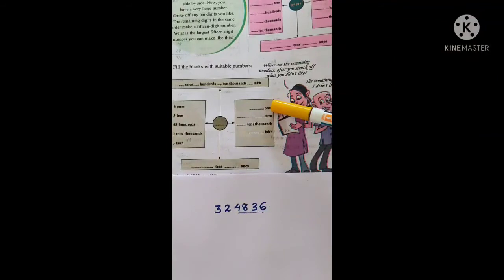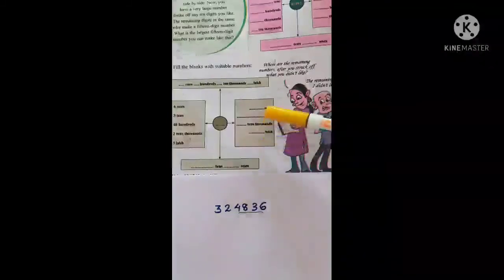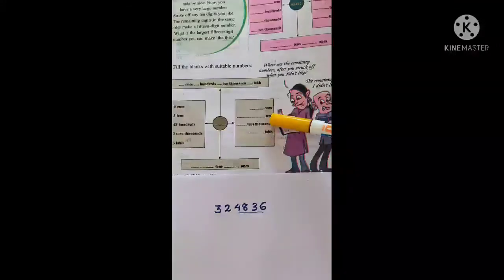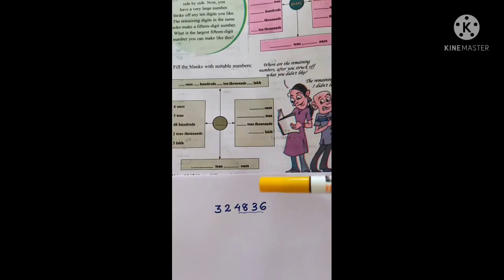Look, here 6 ones. Can you write 3 tens? No, we cannot see the place value of 100 and thousands. So we must write the numbers that lie under the 1000 and 100 in terms of tens. That is, it must be converted in the form of tens.